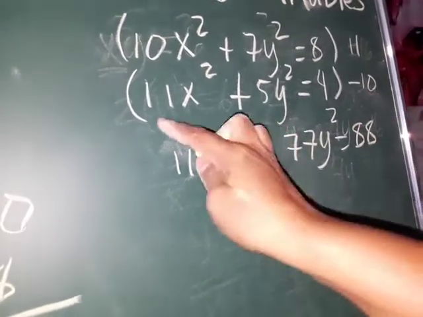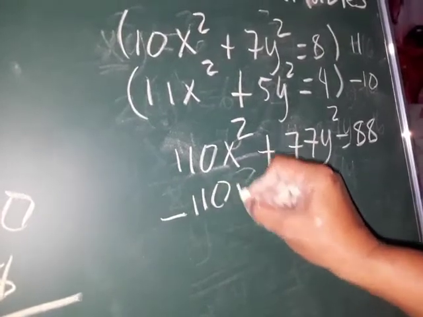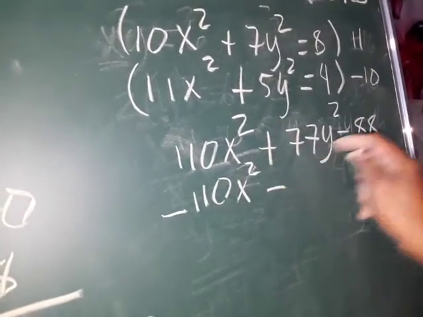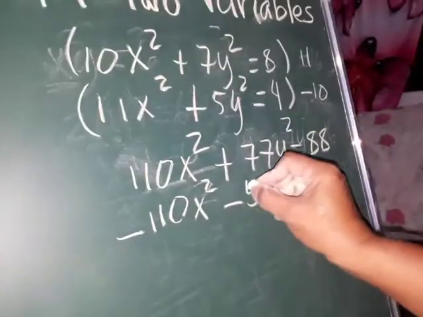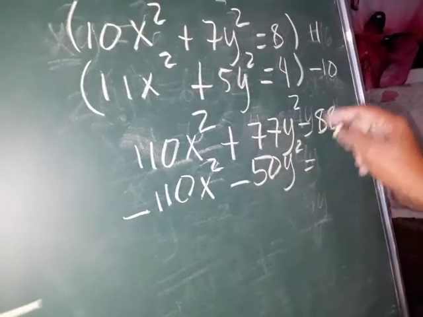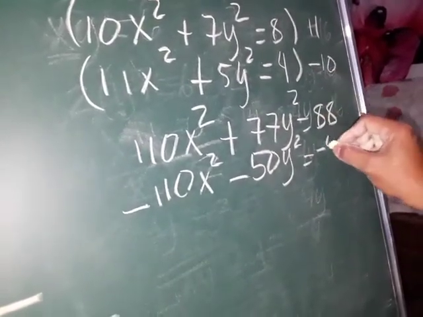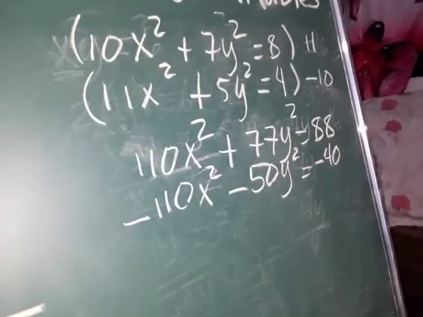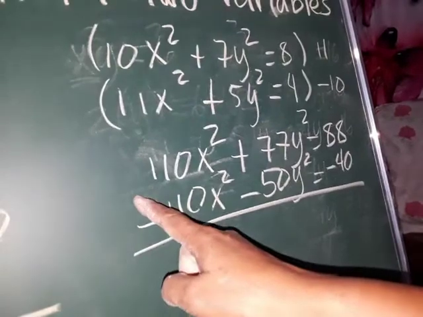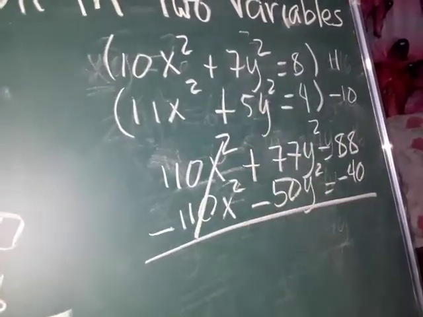Next, negative 10 times 11x squared is equal to negative 110x squared. Negative times positive, negative 10 times 5, 50y squared is equal to negative times positive, negative 10 times 4, 40. Okay, next we're going to add. The same number but unlike signs, so cancel.